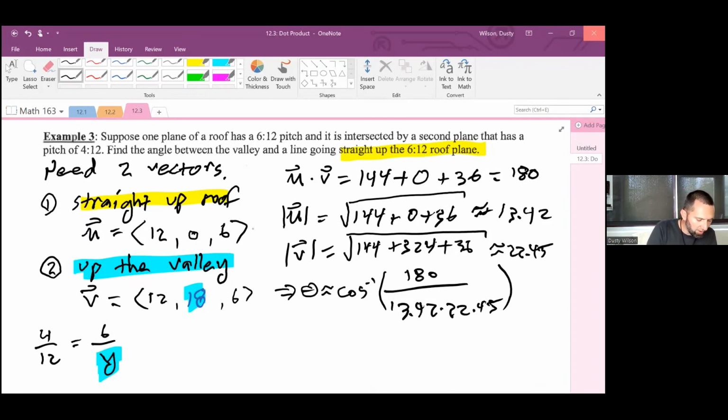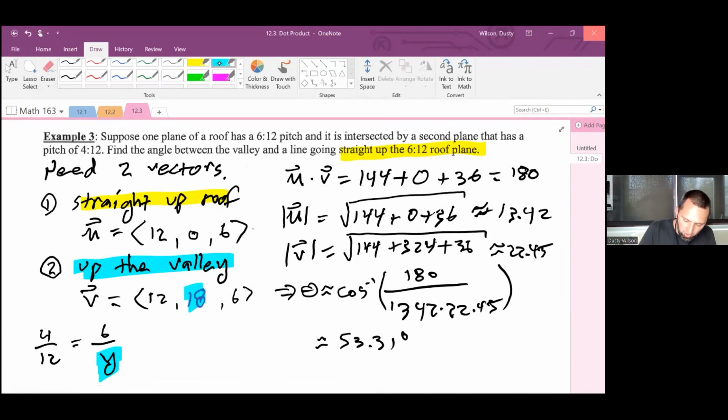Here our angle is going to be 180 divided by quantity 13.42 times 22.45, which is approximately equal to 53.31 degrees.